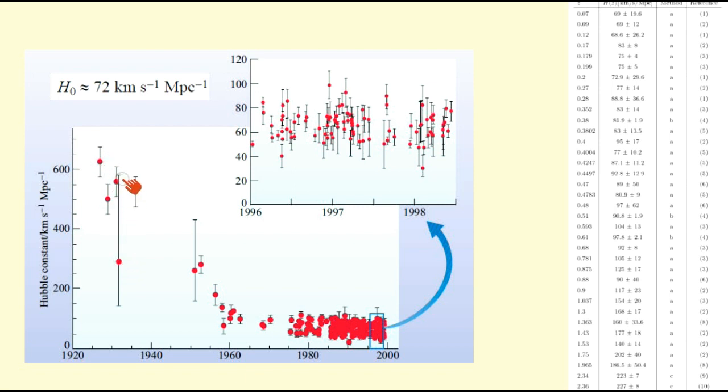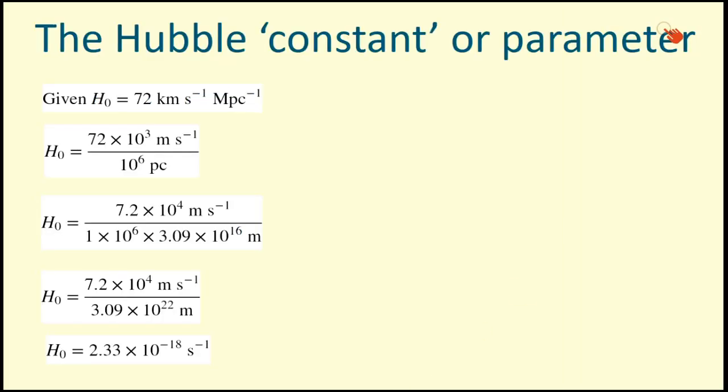This was a huge uncertainty bar there, anything from 605 all the way down here to, in the last 20 years of the last century, being roundabout 70, up and down here. On the right we have a list of data given of the different value measurements over these years. Quite handy to have a look at those values.